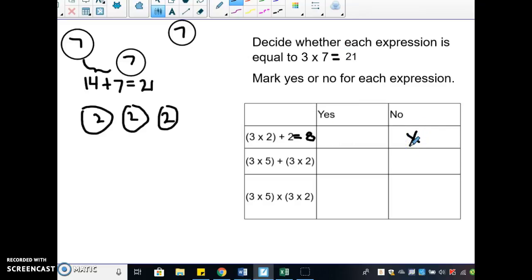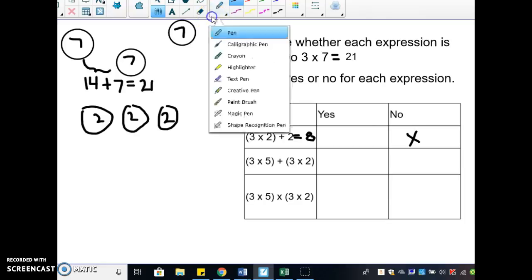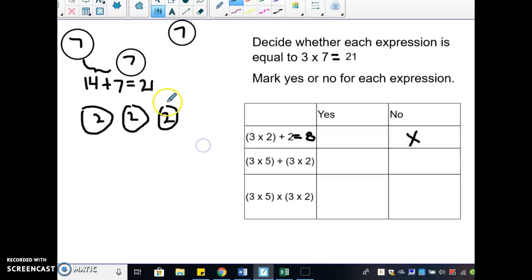All right, let's do the following one. 3 times 5 plus 3 times 2. Well, I know this one's 6. 3 times 2 is 6. Now 3 times 5. I'm going to try to make this easy for myself, and I think I can erase the 2's, because it's 3 equal groups of 5.